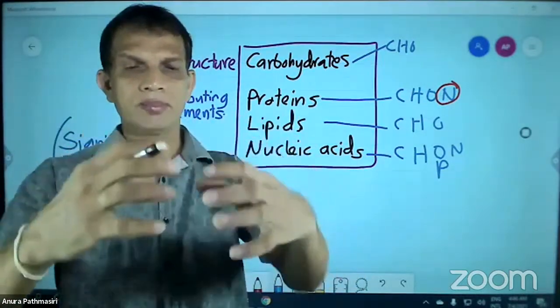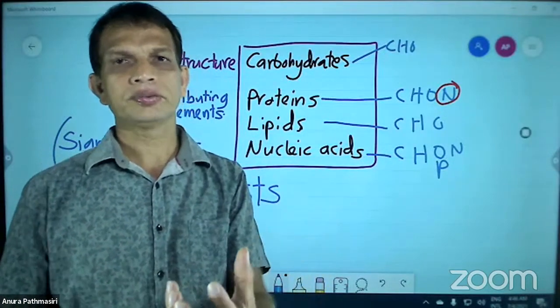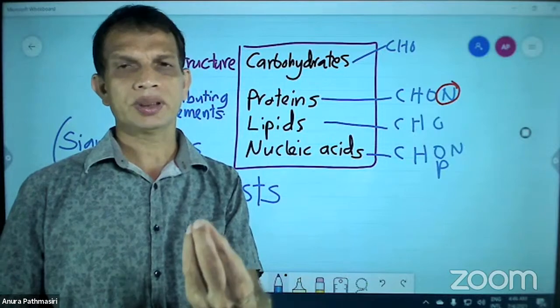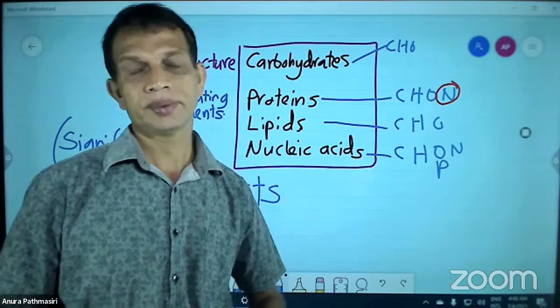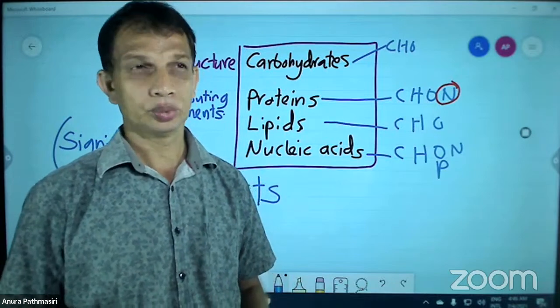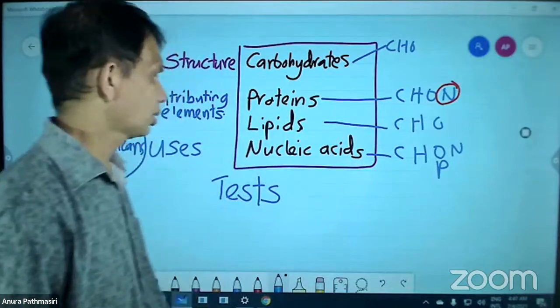You take the same volume and the extract of a food which has more protein, like egg white or dal solution, and then see the color change.